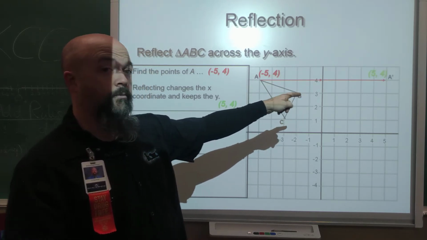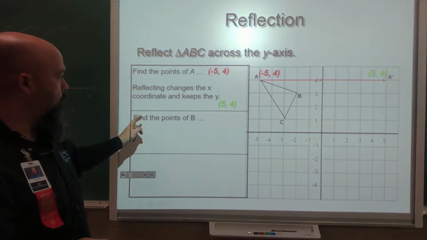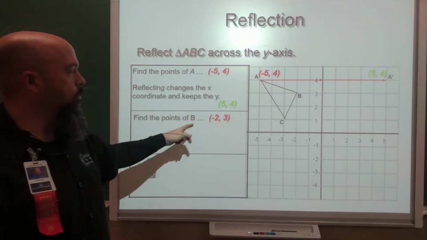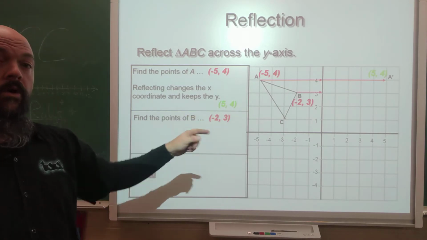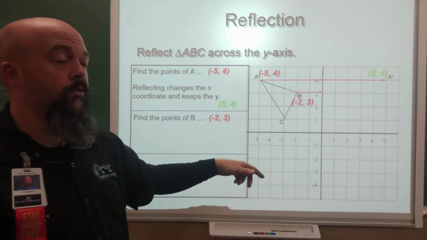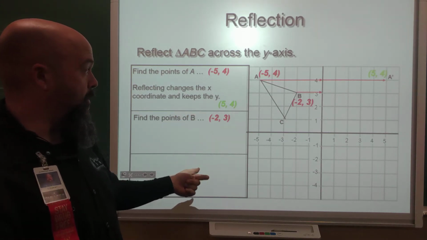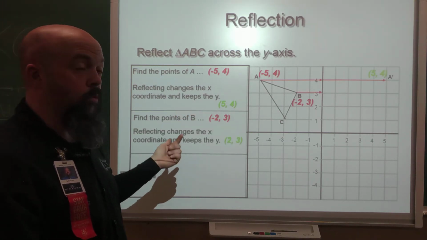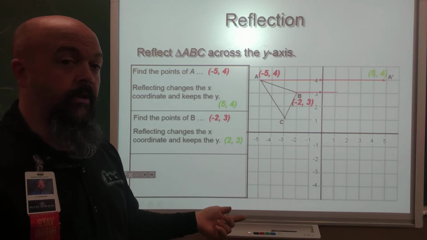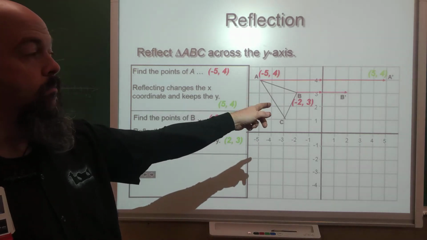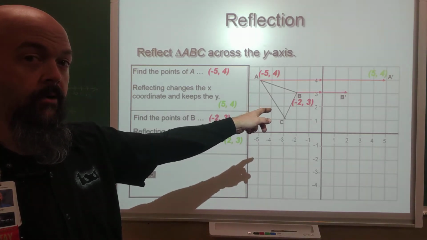Okay? You getting this? Maybe? Alright, let's go to the next point. Point B. It's at negative 2, 3. We want that again to jump across the y, so we keep the y, but change the x, so that becomes positive 2, positive 3. So that moves over to the other side, right?